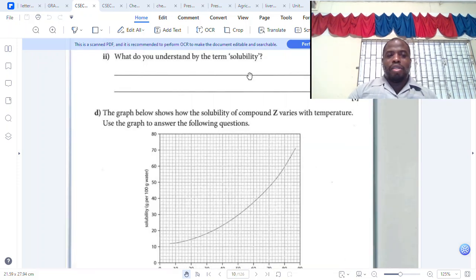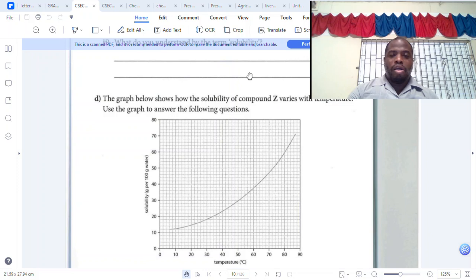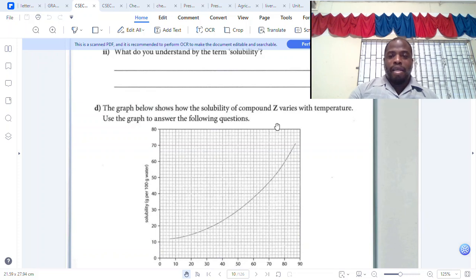Now this question, solubility curve. It says the graph below shows the solubility of compound Z. It varies with temperature. Use the graph to answer the following questions.